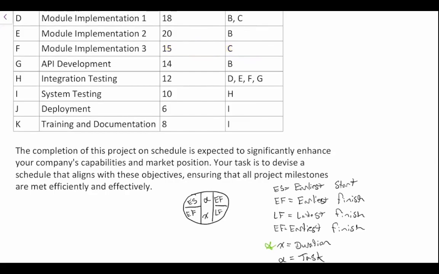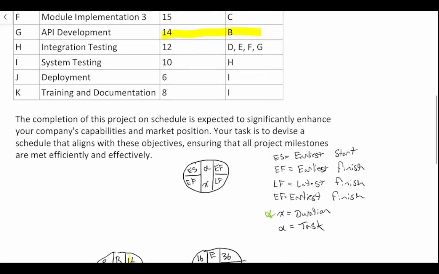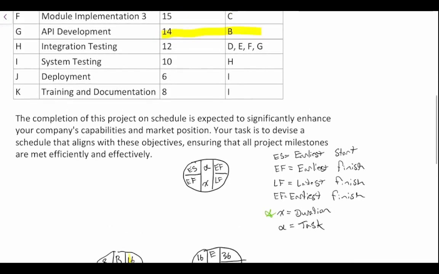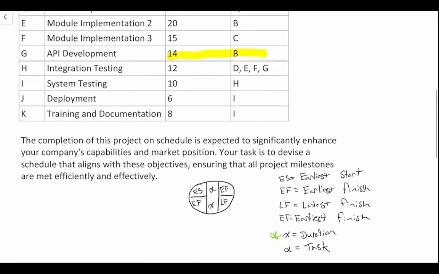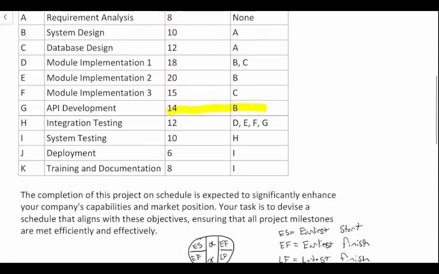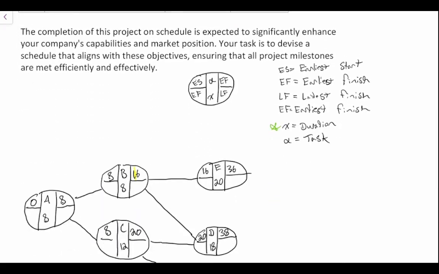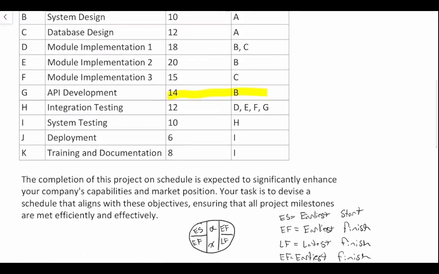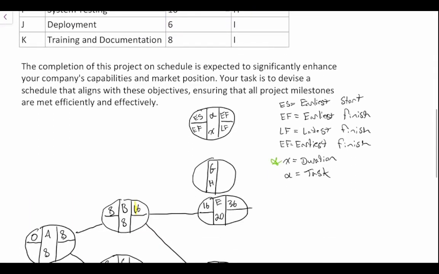Okay, now we're going to keep going. Project G. To do project G, project B must have been completed. So let's put project G over here. G takes 14 days. And B must have been completed before we can start G, which means that the earliest we can start project G is after 16 days.